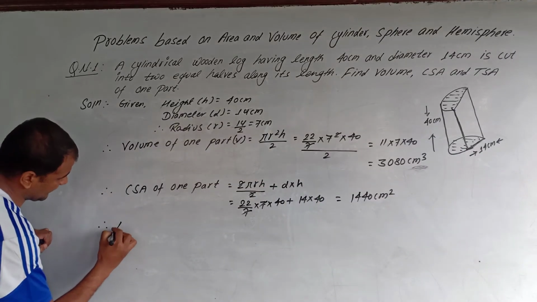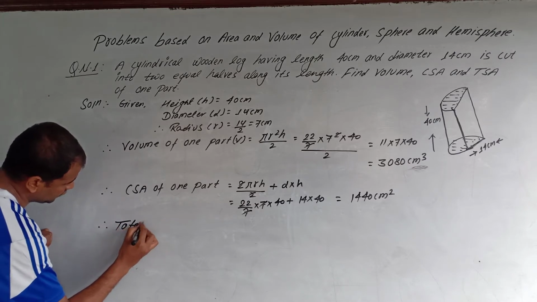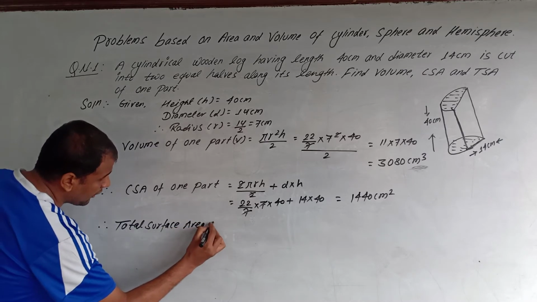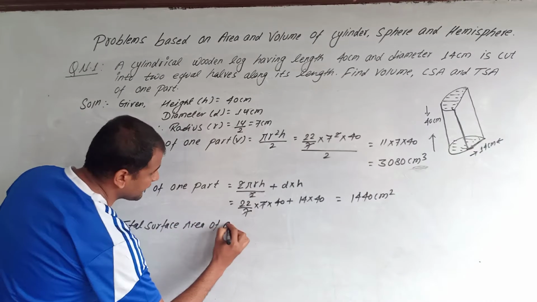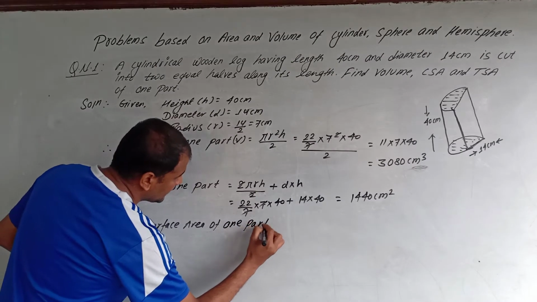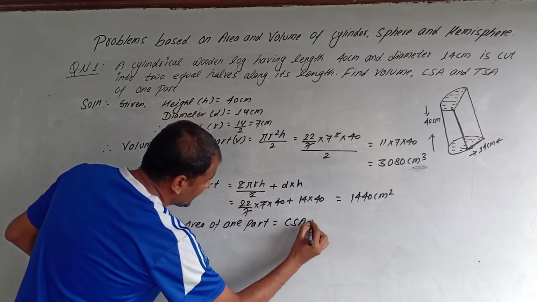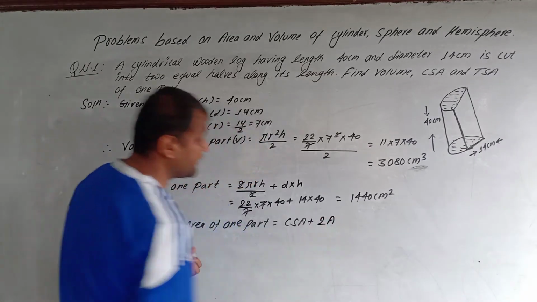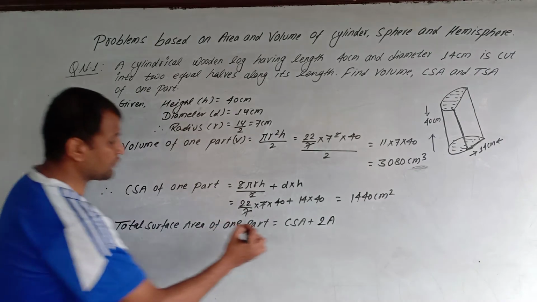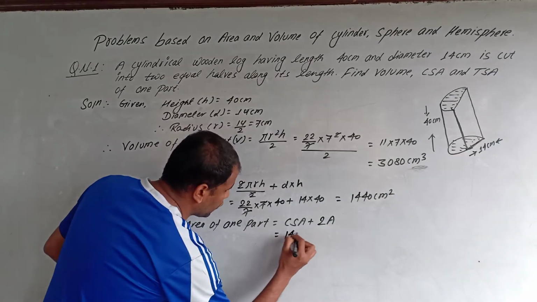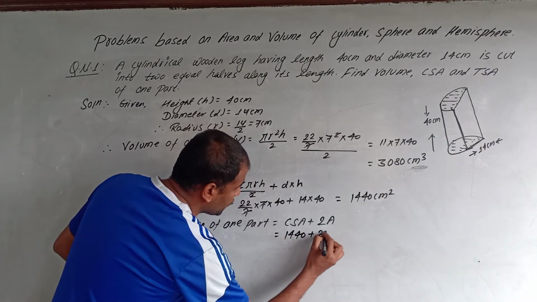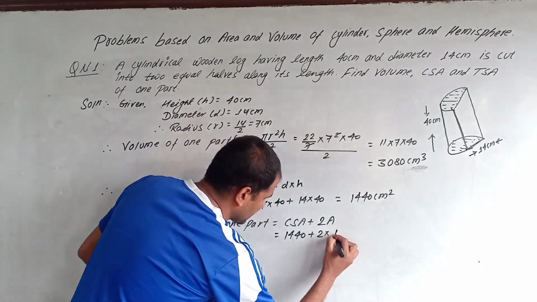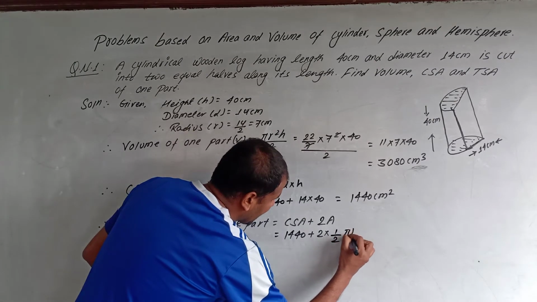And total surface area of one part is equal to CSA plus 2 times the base area. Base is a semicircle, so total surface area is equal to 1440 plus 2 into area of base; here the base is a semicircle, so area of base is 1 by 2 pi r square.